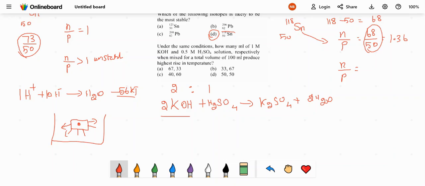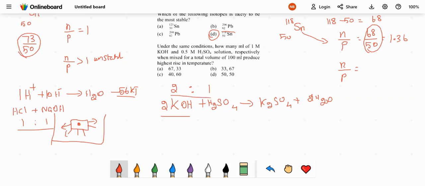But in the case of NaOH and HCl, it is not necessary to go for a 2:1 ratio. It will be a 1:1 ratio according to the stoichiometric equation. Look at this, I will write for NaOH and HCl. A 1:1 mole ratio will be enough. But here, to get the maximum neutralization, we need a 2:1 ratio.